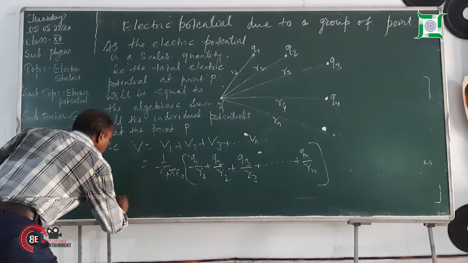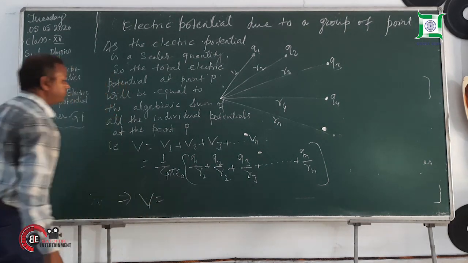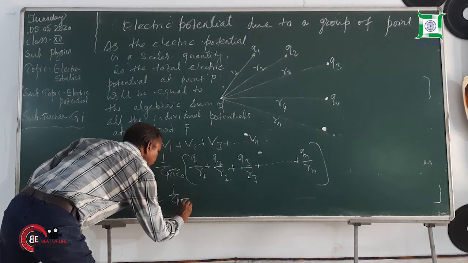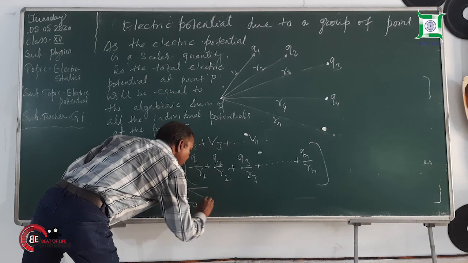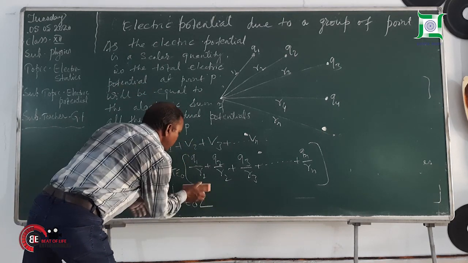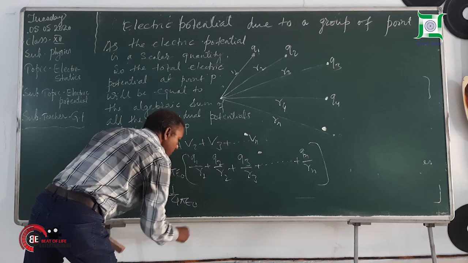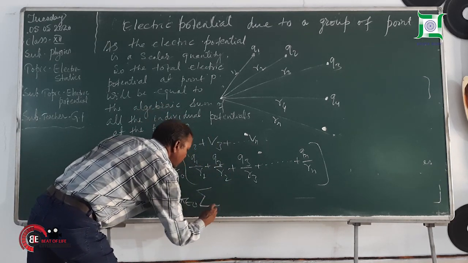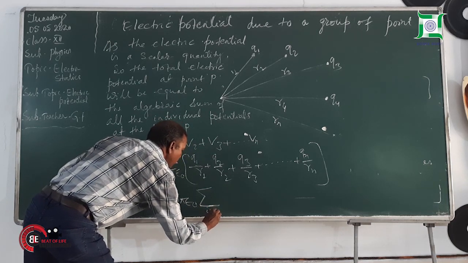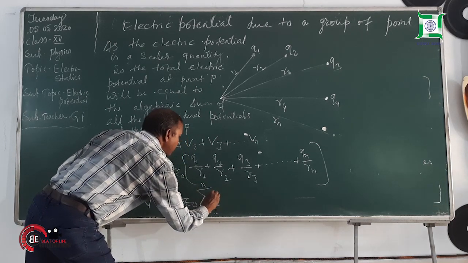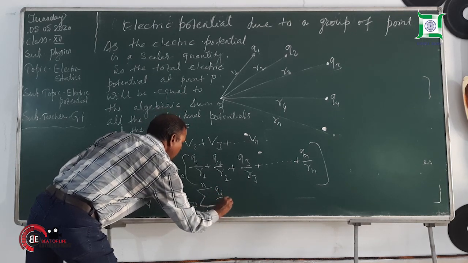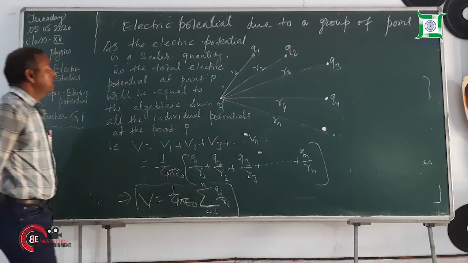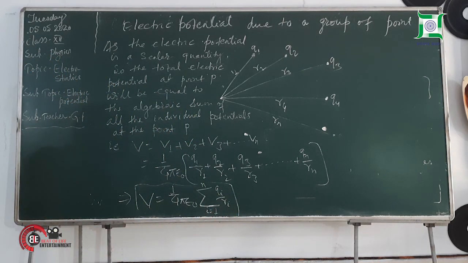And this can be written as V is equal to 1 by 4 pi epsilon naught sigma from i is equal to 1 to n Qi upon Ri. This is the electric potential due to a group of point charges.